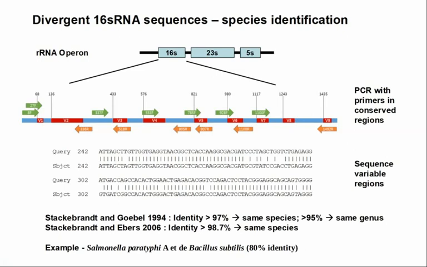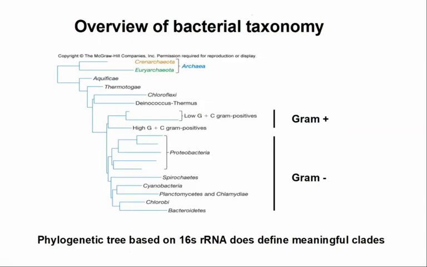Less than that, they're not the same species. Okay, so just from sequencing one gene, you can get a general idea of how close or how different two bacteria are. So that's pretty useful. On the other hand, you might think, what happens if you've got 98.65% identity? You're kind of in trouble, right?